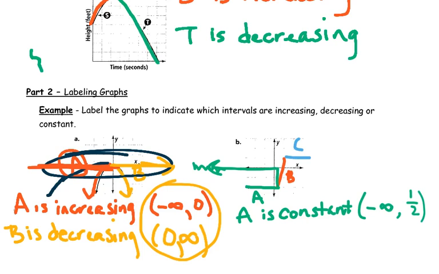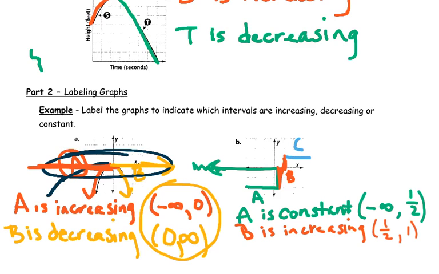Then interval B is going uphill, so we say it is increasing. And that's happening from 1/2 until we get to about 1. So it's increasing from 1/2 up until 1 on the x-axis.